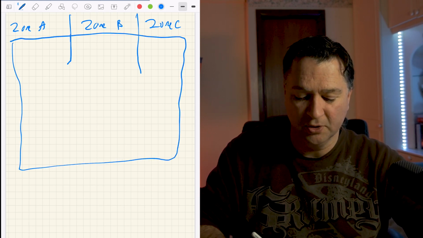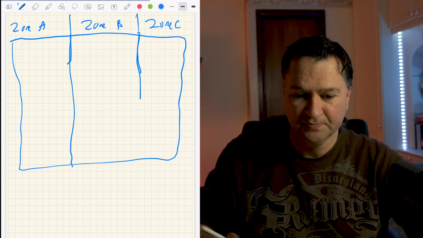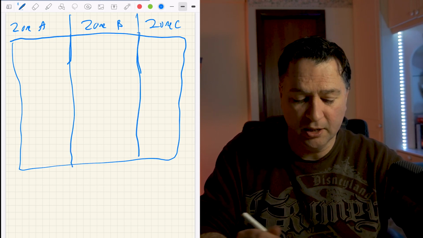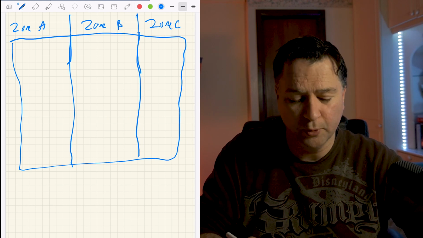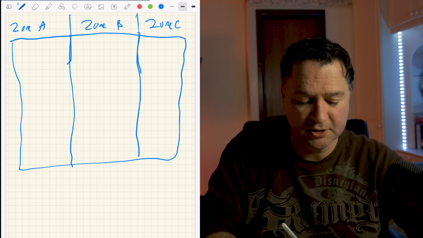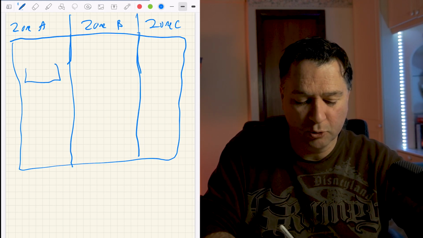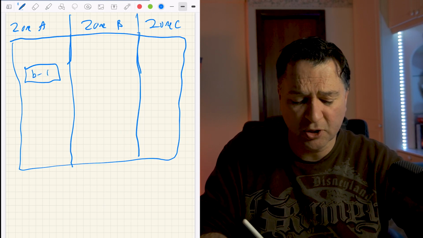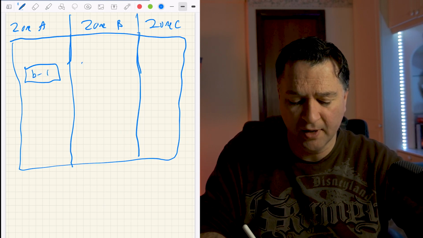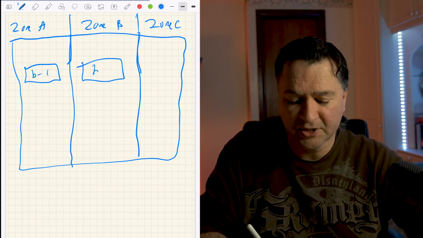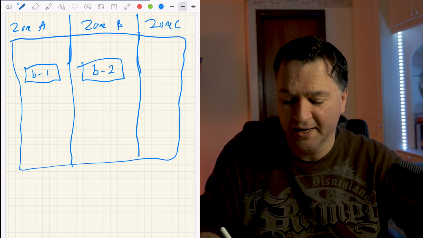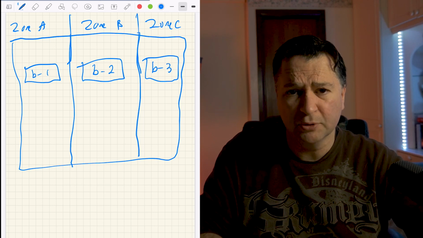So that's going to represent our Kafka cluster here. And then I'm going to have 3 brokers. We'll have broker 1, which is going to reside in zone A, broker 2, which is going to reside in zone B, and then broker 3, which will reside in zone C.